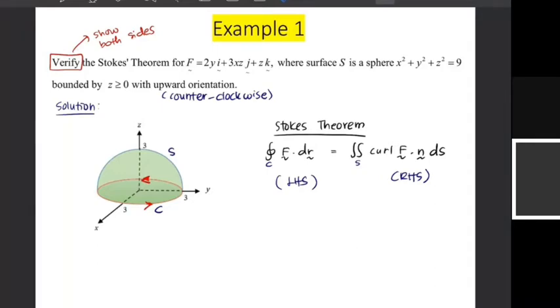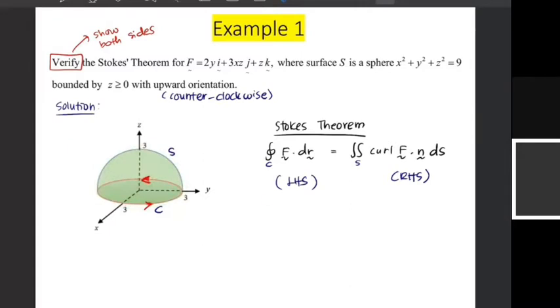If you put x squared plus y squared plus z squared equal to 9 in a 3D calculator, you will get one sphere, like this. But we want z greater than 0, that's why we are considering this surface only.